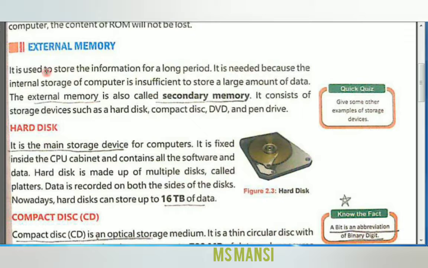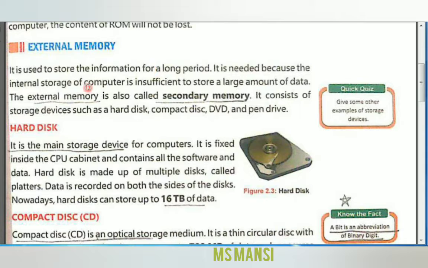As I told you, internal memory is volatile in nature, so the data stored in it is temporary. If we want to store data for a long period, then we use external memory.